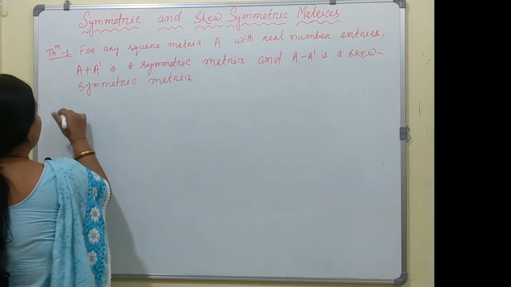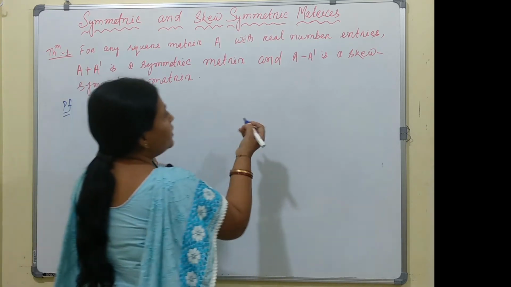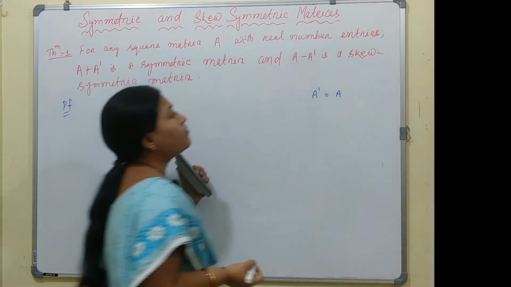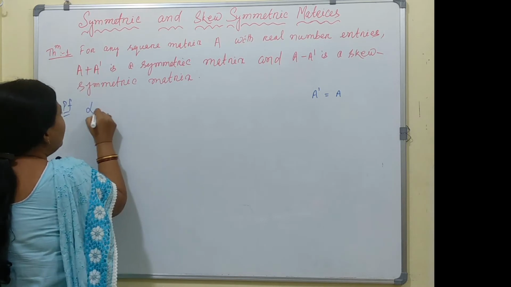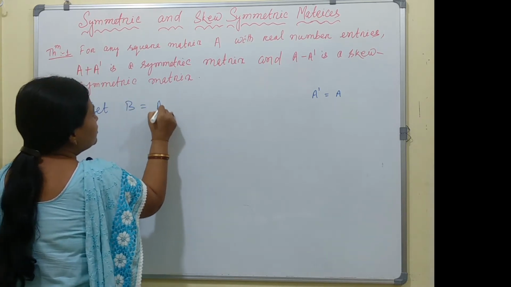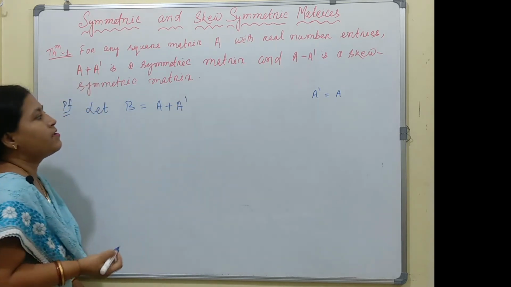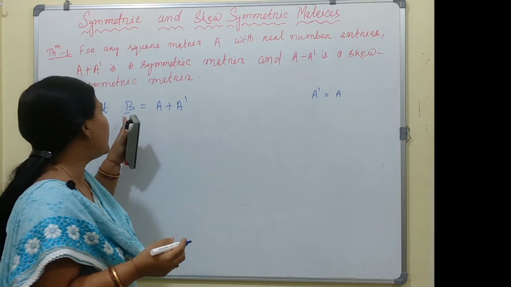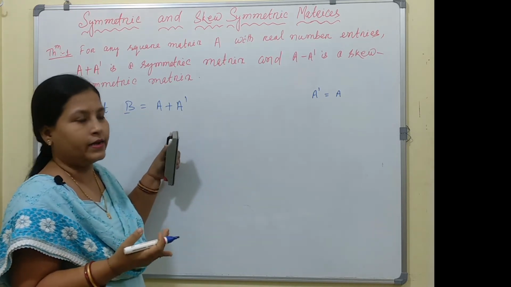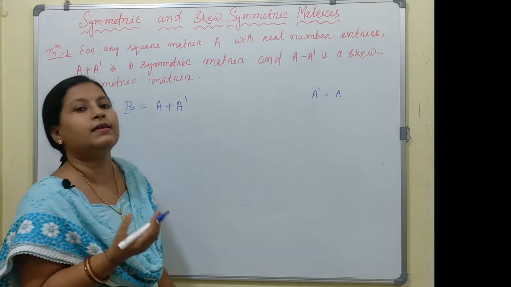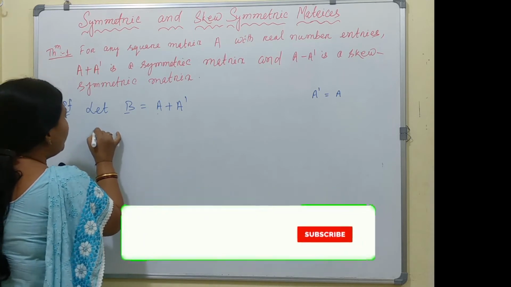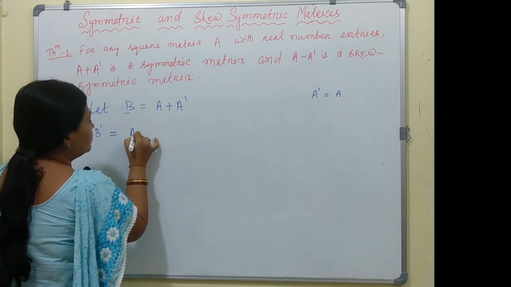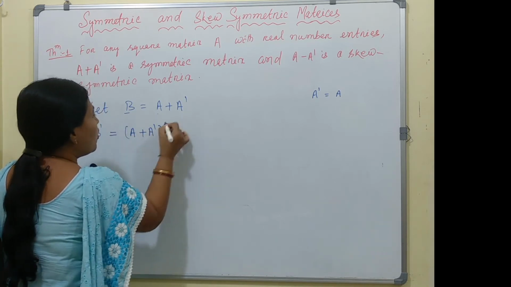We have already discussed that symmetric means A transpose is equal to A. So here first of all, let B be equal to A plus A dash. If B is equal to B dash, that means the transpose of B, then B is called a symmetric matrix. That means A plus A dash is a symmetric matrix. So now we will find B transpose, that is B dash. B dash is equal to A plus A dash of whole dash.